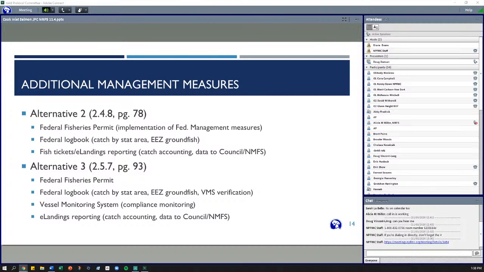We couldn't have a situation where vessels were harvesting both in state and federal waters. And the ability to use fish tickets under Alternative 3 is also not available. All fish harvested under Alternative 3 would need to be reported through the e-landing system.